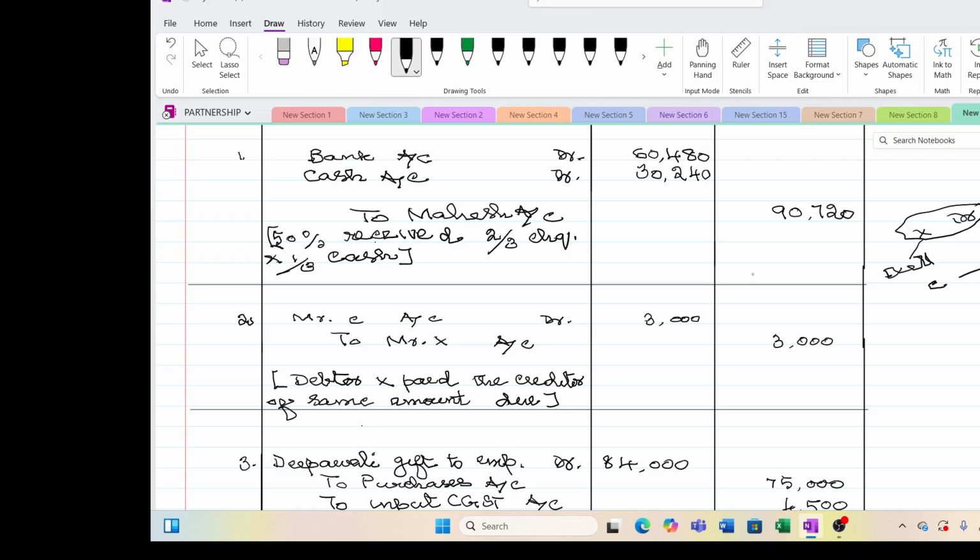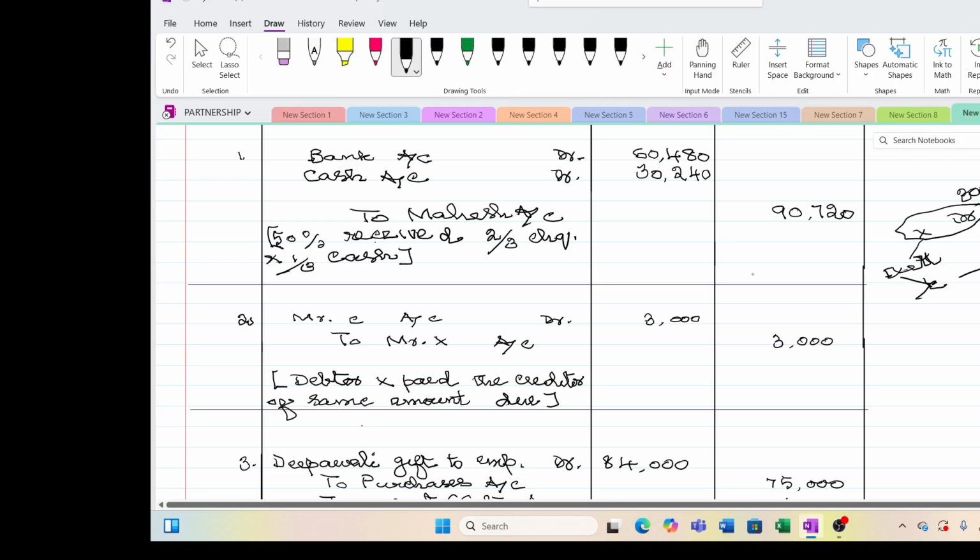Now, collecting from this person and then making the payment to C. Instead of that, because the amount is the same, the amount receivable from X is 3000 and the amount payable to C is also 3000, Mr. Dutt has asked X to make the payment directly to C, so that he need not collect and then send it to C. So now what happened? X's liability is over. So we have to credit X account.